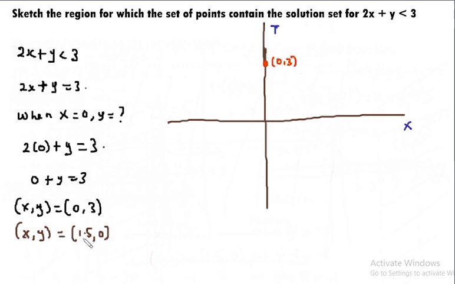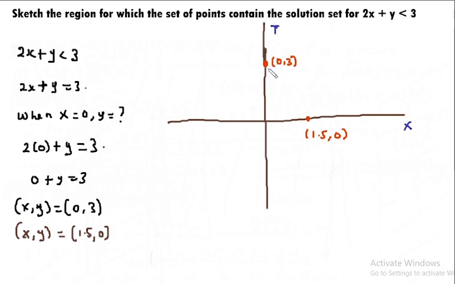For the next point, when x equals 1.5, y is equal to 0. So let's say the point is here. So this is 1.5 for x and y is 0. The next thing is to join the two points with a straight line. But remember our inequality has a less than sign, not a less than or equal to.